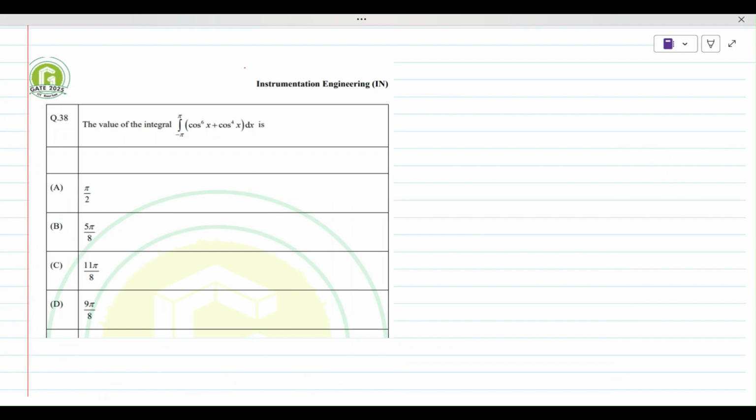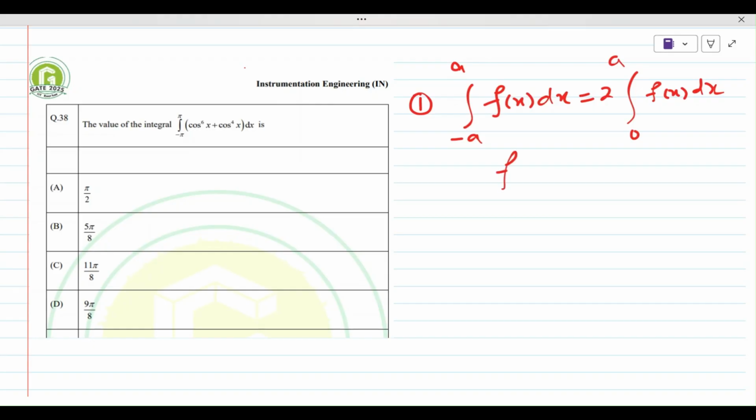Let us discuss. The first formula is the integral from minus a to a of f of x dx, which equals twice the integral from 0 to a of f of x dx if your function is even, meaning f of minus x equals f of x.